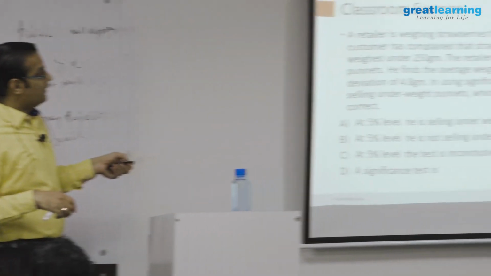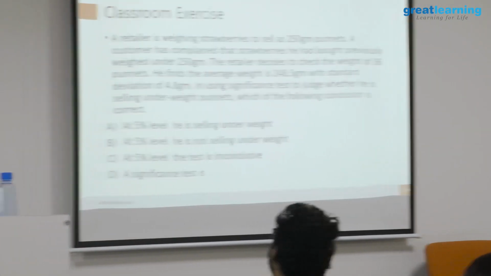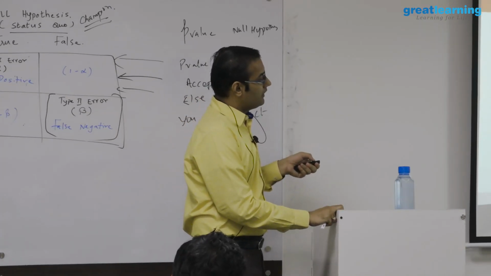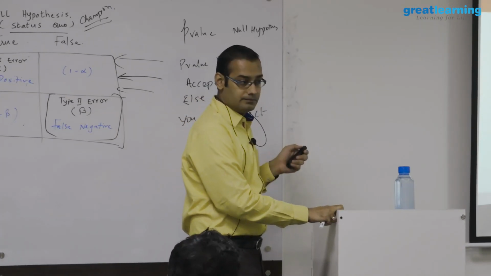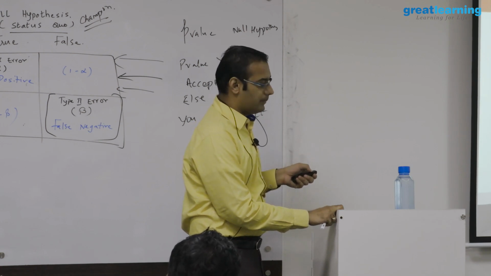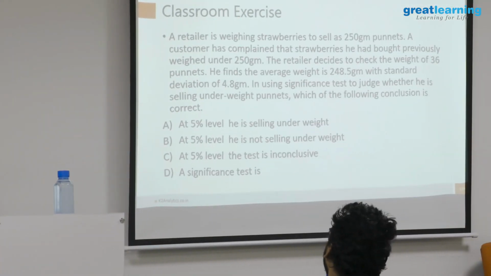The retailer decides to check weight of 36 punnets. 36 boxes he takes and wants to check. He finds average weight is 248.5 gram and the standard deviation of the 36 samples is coming 4.8. In using the significance test to judge whether he is selling underweight punnet, which of the following condition is true?